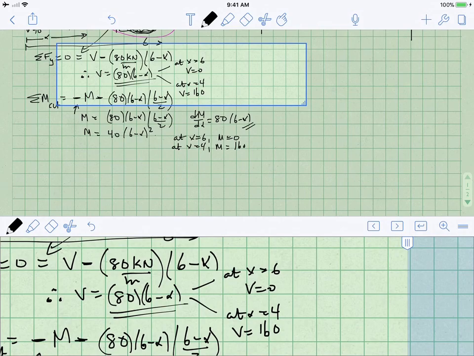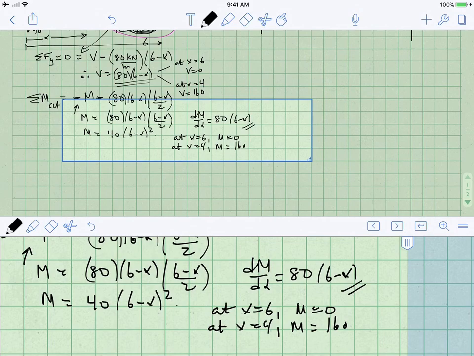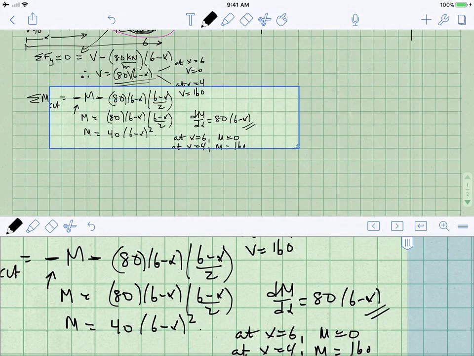M is equal to minus 40 times 6 minus x squared. dM/dx is minus 80 times 6 minus x times minus 1, which is positive 80 times 6 minus x. So I had a double mistake going on here.